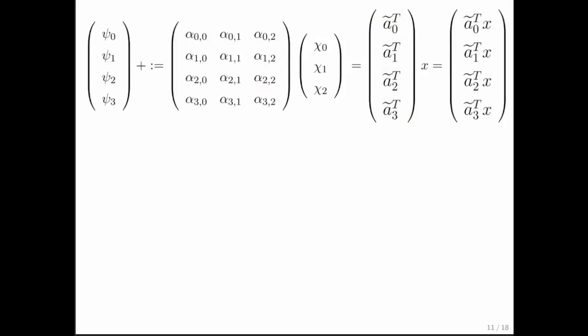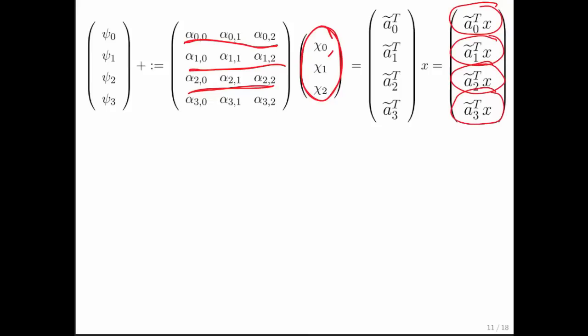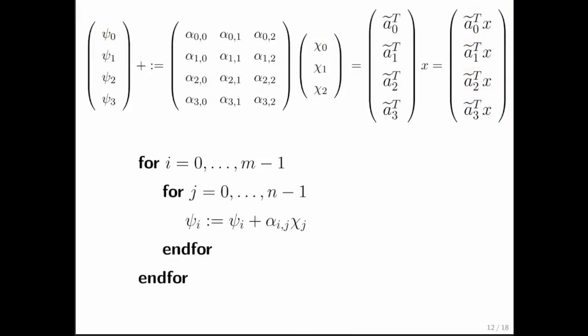Now notice that all we need to do is take dot products of these rows with vector x, and that we can indicate like that. And this makes it very, very clear that we're updating the components of y by adding the results of dot products to it. We can use this to explain our doubly nested loop slightly differently.